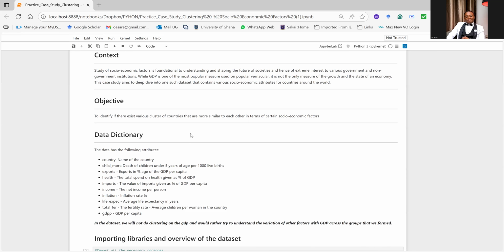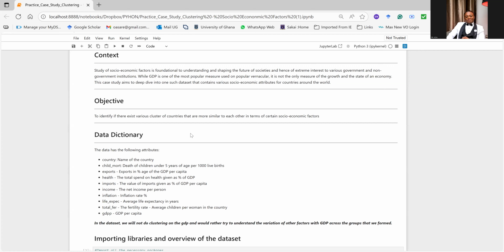All right. So this data set, we are not doing clustering on the GDP. We want to rather understand the variability of the other factors. Apart from GDP, you have income, you have inflation, life expectancy. We want to understand these factors with GDP across the groups that we have. And this can be your complete thesis, honestly.